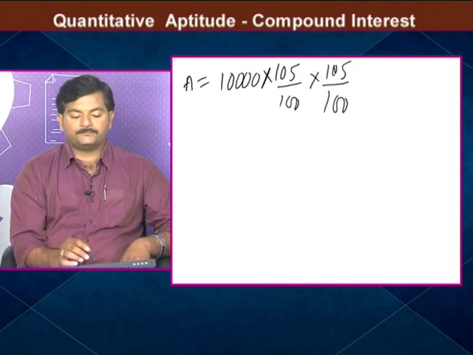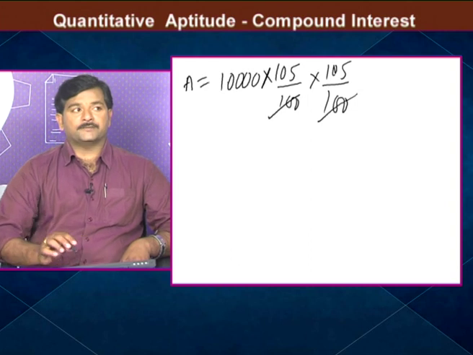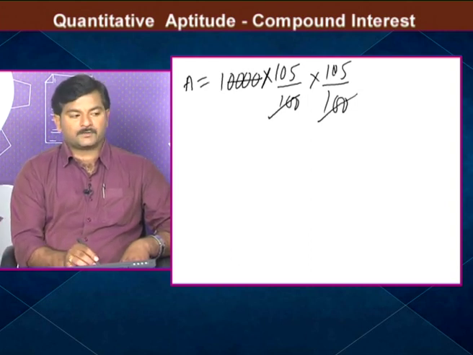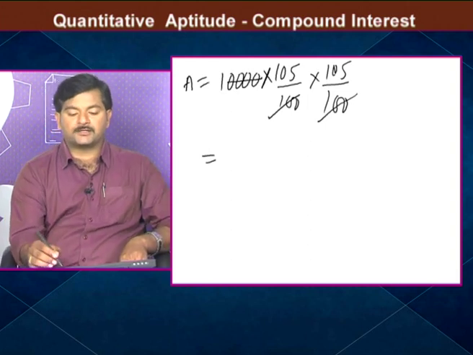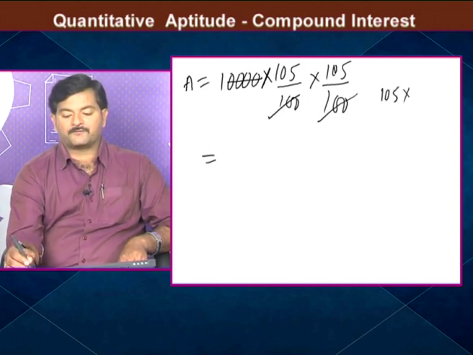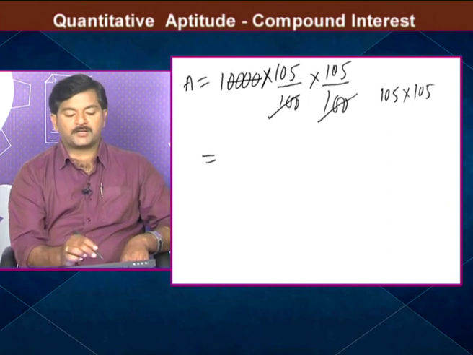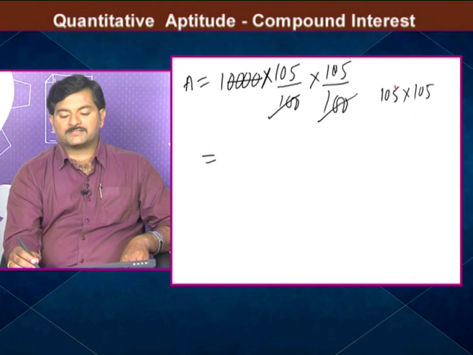So these 100s, 2 hundreds, these 4 zeros cancel. After simplification, 2 zeros and 2 zeros, 4 zeros cancelled. So simply I have to multiply 105 into 105. Just now I told you a small trick to find 105 into 105. 5 fives are 25. Next, 10 is there.